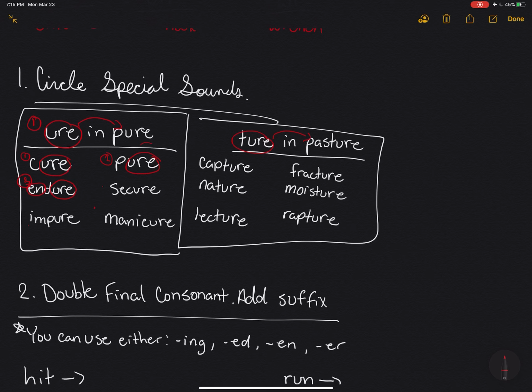We then move on to our second box, where it's chur as in pasture. The first word that we see here is capture. Like, I'm going to capture something. Once again, we see immediately what the special sound is, which is T-U-R-E. Chur as in pasture, and now in capture. We then move on to this word, fracture.